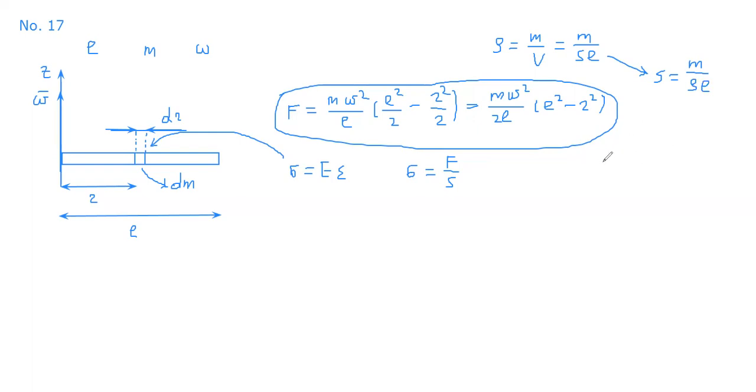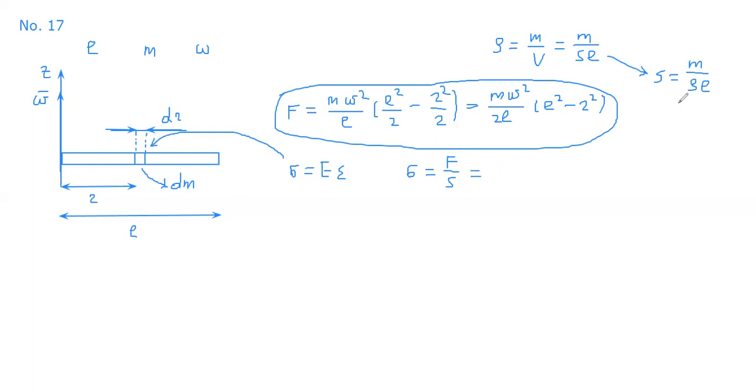We know, according to the description, that the rod is copper, and it means that we can find its density and its Young's modulus, because these values are well known. We can find them on the internet.